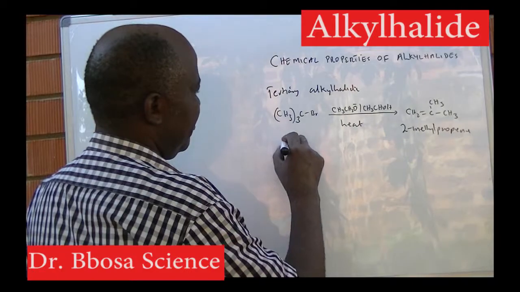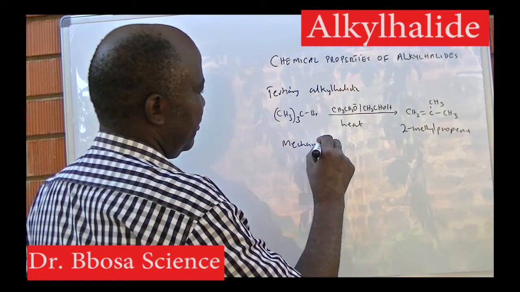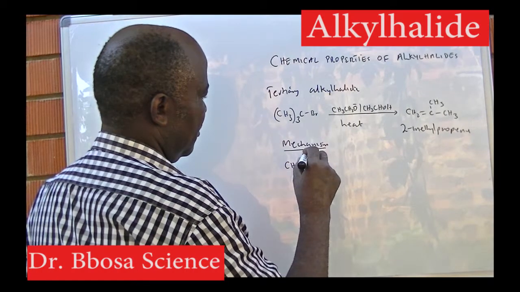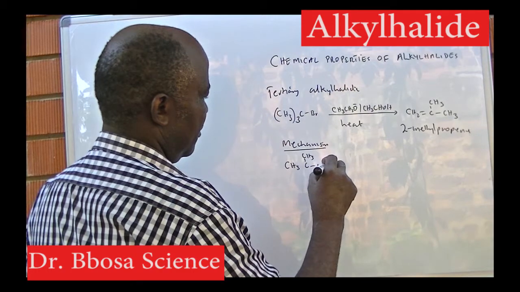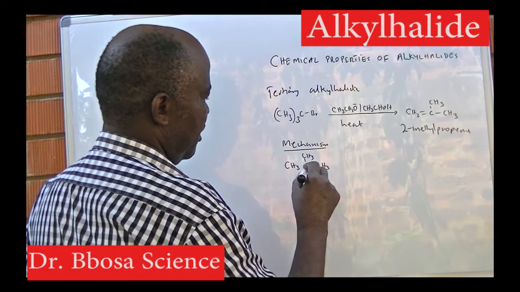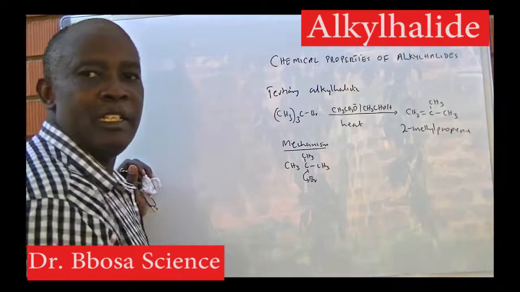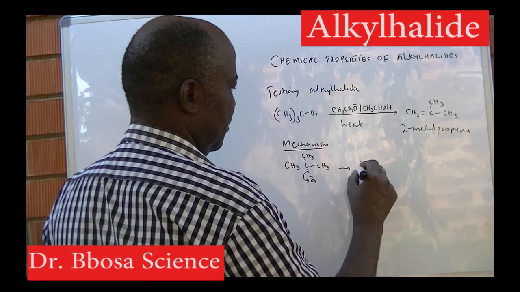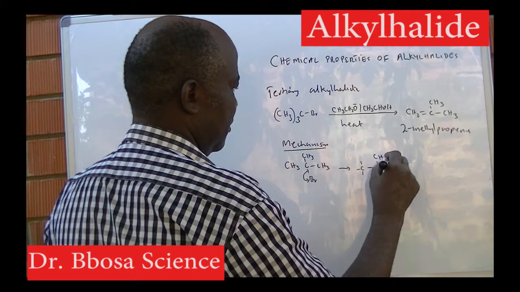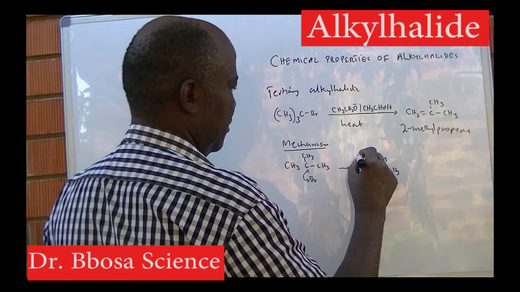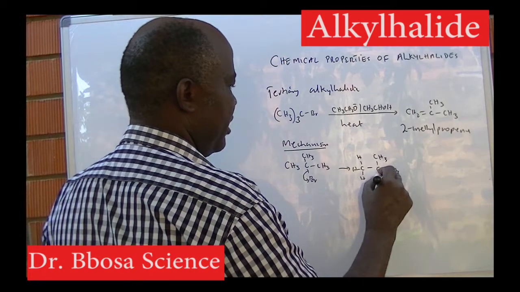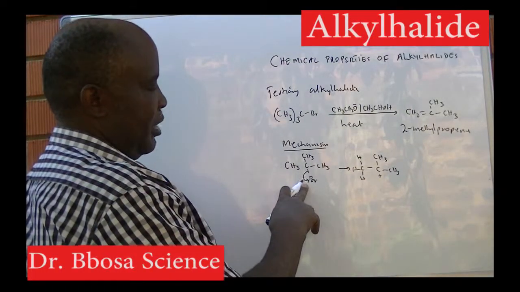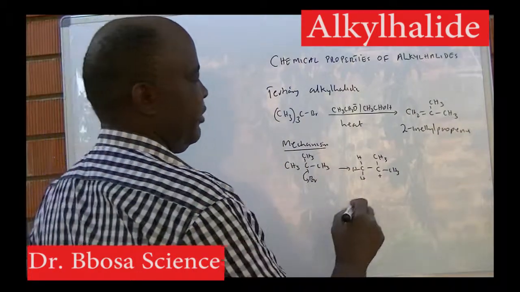The mechanism: the bromide ion breaks off, and a positive charge goes to the carbon atom where the bromide ion had broken off.